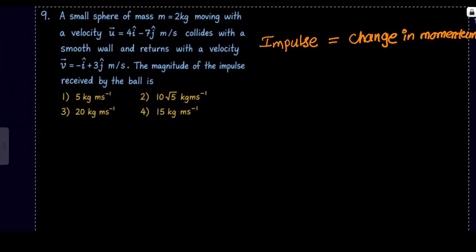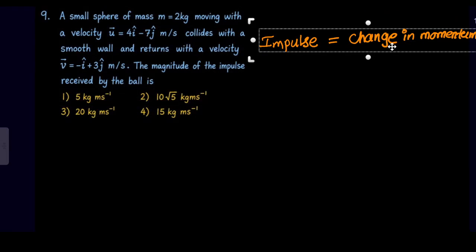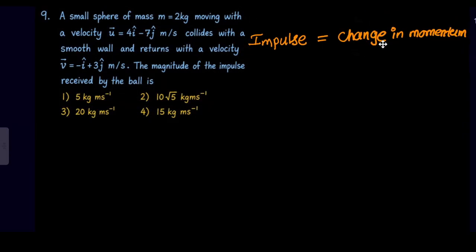M is constant, the same body they are saying. Now identify which is the initial velocity and which is the final velocity. A small sphere is moving with this much velocity. Before collision is the initial velocity. After collision, final velocity.